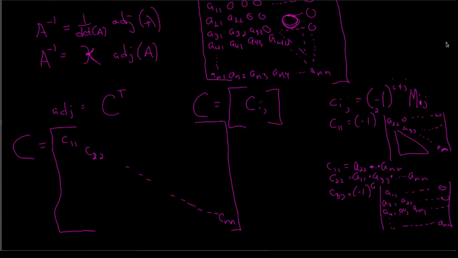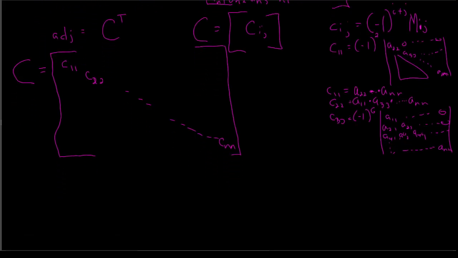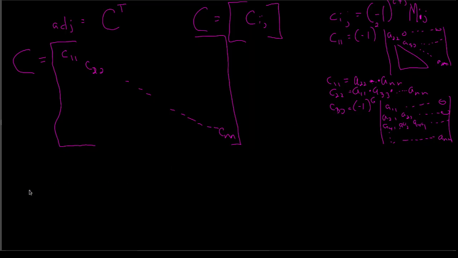What we're going to need to do is look at what happens. I'm going to work my way down from A21, and we'll look at the cofactor expansion of A21. So C21 is going to be -1 cubed, so it's going to be a negative. And then I'm not going to have the second row or the first column.